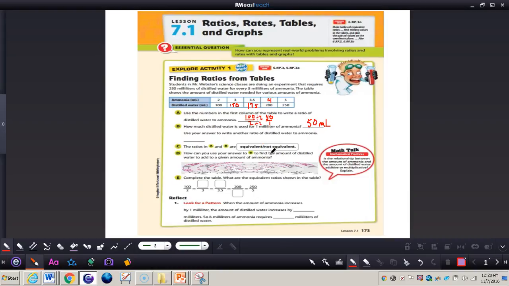All right, now it says use your answer to write another ratio of distilled water to ammonia. And we can see we're going to use our answer 50 milliliters. So we can see 50 to 1, okay, for our ratio. Now we can see the ratios in A and B are equivalent.